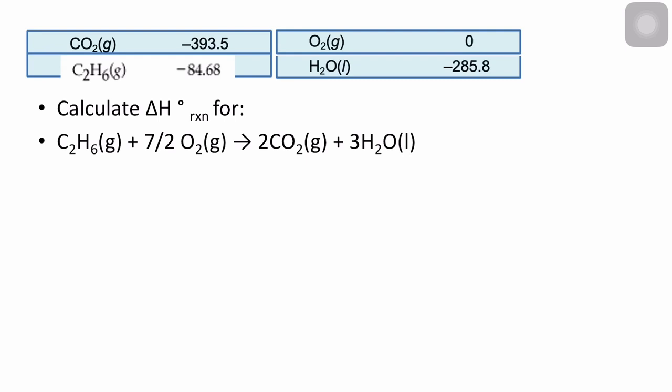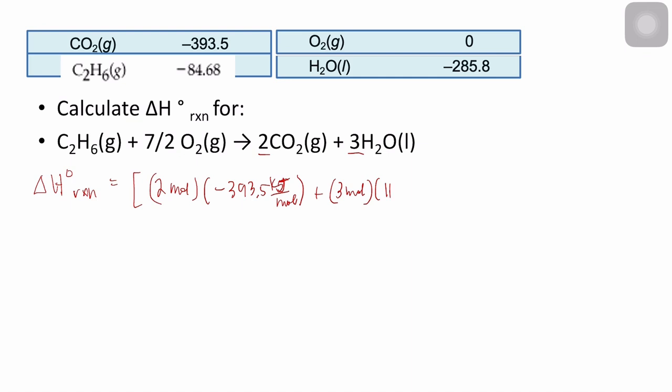So we start with standard heat of reaction. So we start with the products. So you get the coefficient 2 moles of CO2. So we just use the same values, negative 393.5 kilojoules per mole plus 3 moles of water.